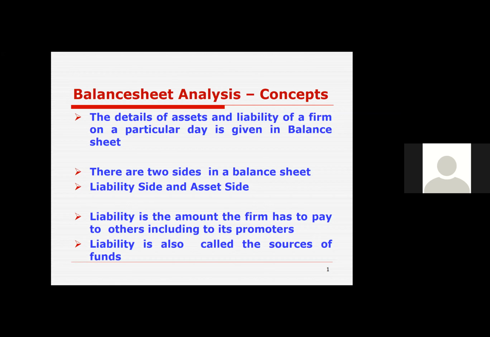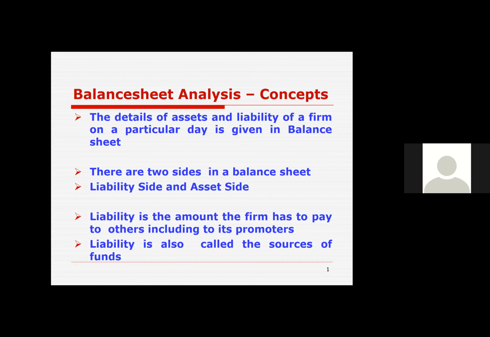Then for all others, it has borrowed from outsiders: short-term borrowings, long-term borrowings, and all those things consist of the liabilities. Similarly, the assets consist of the properties or the amount that belongs to the firm. So the liability is the amount the firm has to pay to others, including to its promoters.